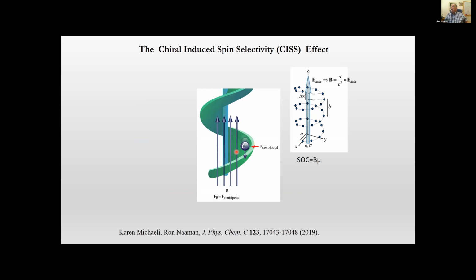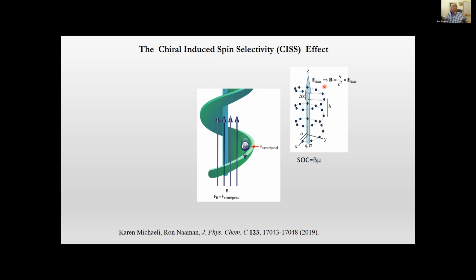This effective magnetic field is related to the velocity of the electron and the electric field acting on the electron. The electric field changes sign for the two enantiomers, namely if it's a right-handed or left-handed helix. And the velocity, of course, changes sign when you go in one direction or the opposite direction.